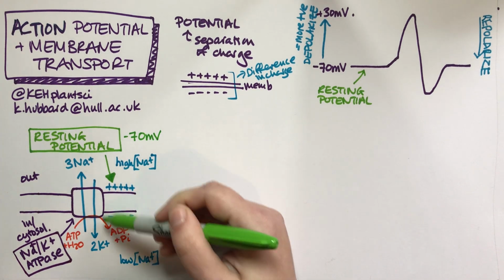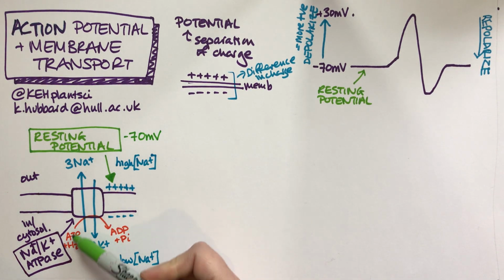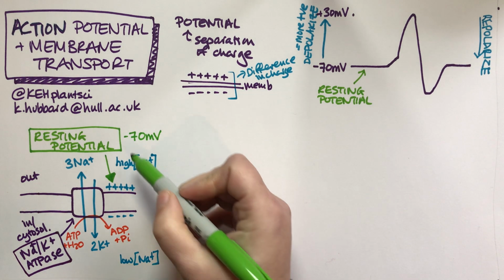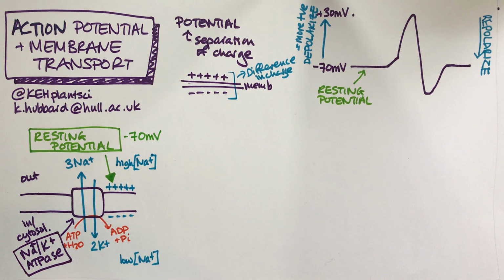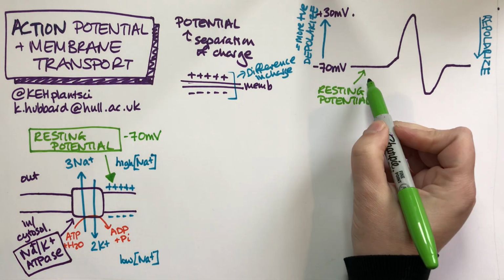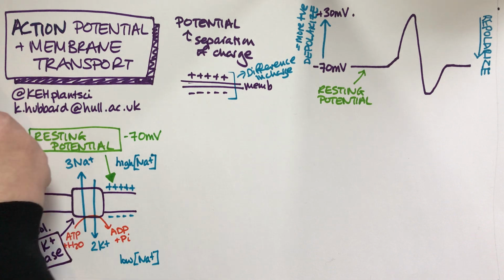The cell is spending energy to create that difference in charge. It's not happening passively. This is an active process. The cell is spending energy to keep its resting potential down to about minus 70 millivolts. So that's what the resting potential is.